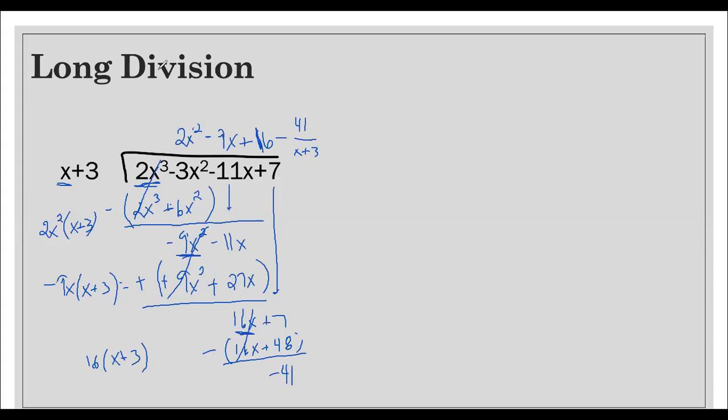We can write this as 2x cubed minus 3x squared minus 11x plus 7 divided by x plus 3 is equal to, our quotient is 2x squared minus 9x plus 16 minus 41, which is our remainder, over x plus 3.